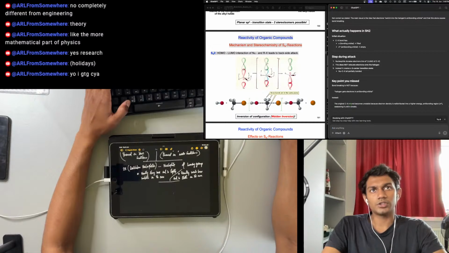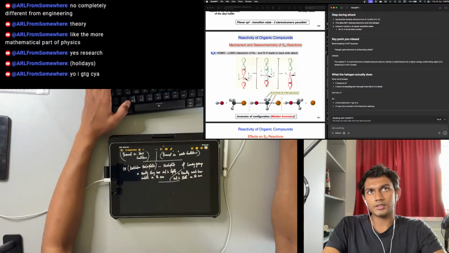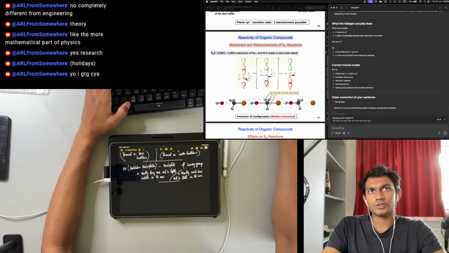The carbon-halogen sigma bond becomes unstable because electron density is redistributed into a higher energy antibonding region, weakening it until it breaks. It takes the bonding electron pair from the C-X sigma bond, not from sigma star. So sigma bond electrons go to X. Sigma star was only involved in the interaction pathway. Transition state forms, old bond weakens, new bond forms, leaving group departs with bonding electrons.